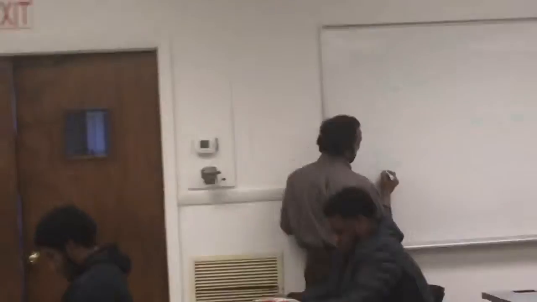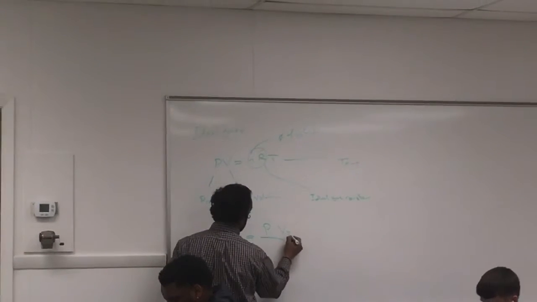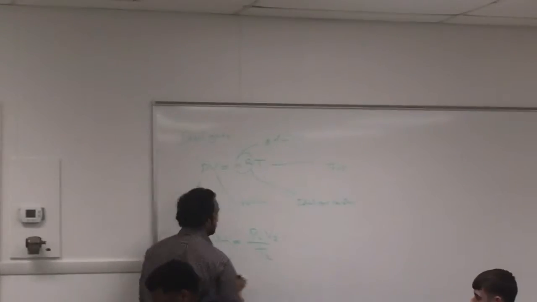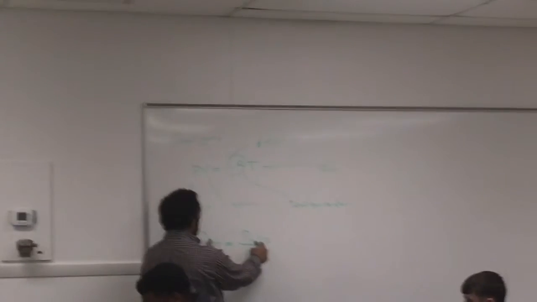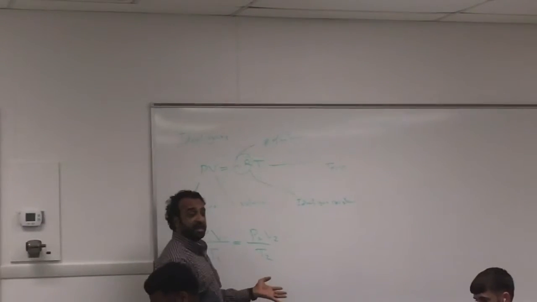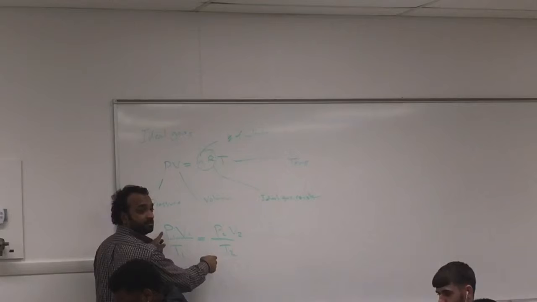And to make this work to our advantage, this is state 1, and this is pressure, volume, and temperature at state 2. So if I have constant volume, a can full of air, and I increase the pressure, what will happen to the temperature?